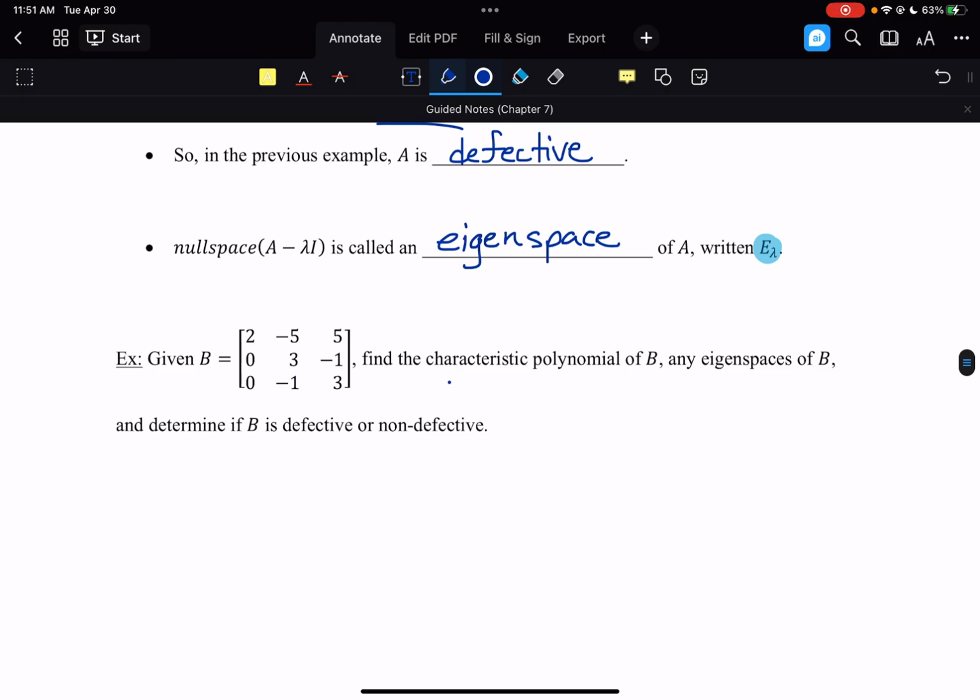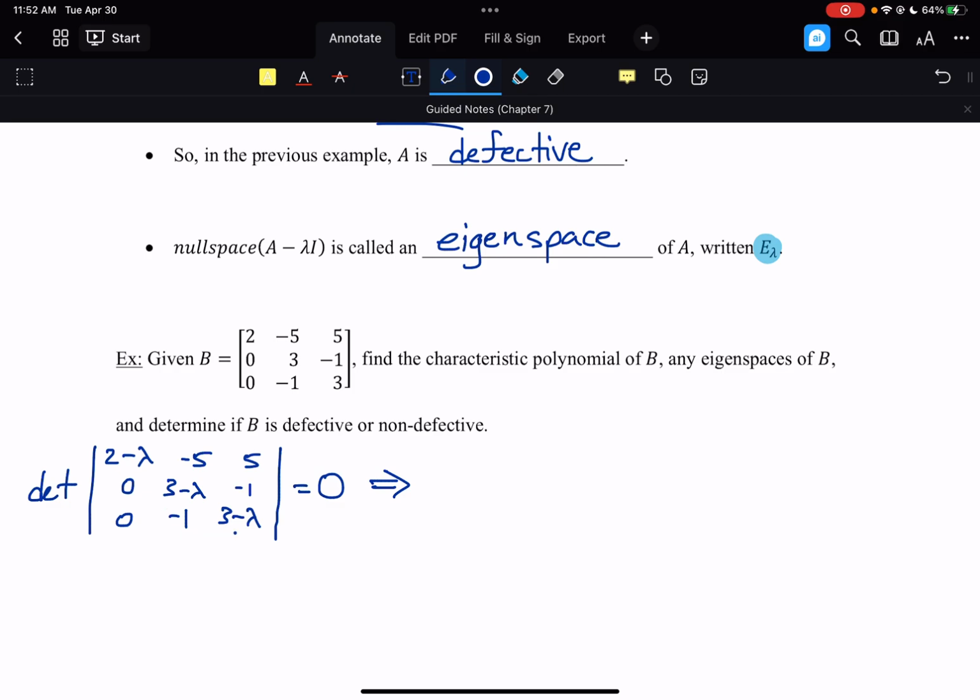Given this matrix B, find the characteristic polynomial, find any eigenspaces of B, and then determine if B is defective or non-defective. So we've got a few things going on here. First things first, we need to get the determinant of B minus lambda I. So we're going to get a 2 minus lambda, a 3 minus lambda, and a 3 minus lambda, set equal to 0.